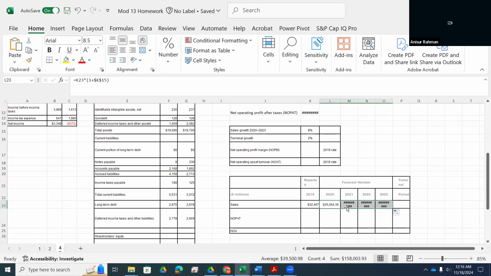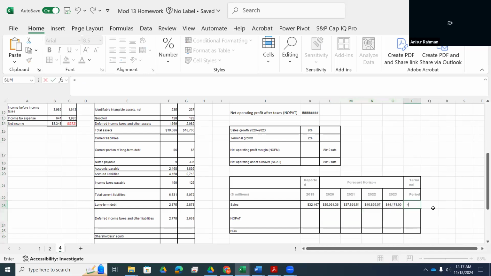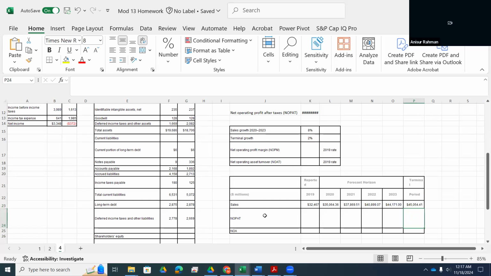Now, when you see these, no need to worry, because this basically means you need to enlarge them to see them. For the terminal period, this times 1 plus your terminal growth rate. Now your NOPAT.